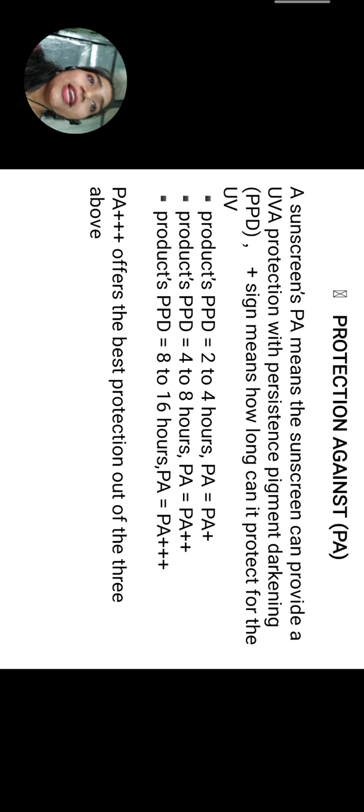PA triple plus is always the best sunscreen, but if you are not exposed to the sun so much, you can go for PA double plus or PA single plus. If you are someone who is exposed to the sun very often, then you can surely go for PA triple plus. So SPF 30 to 35 with PA triple plus or PA double plus is more than enough.